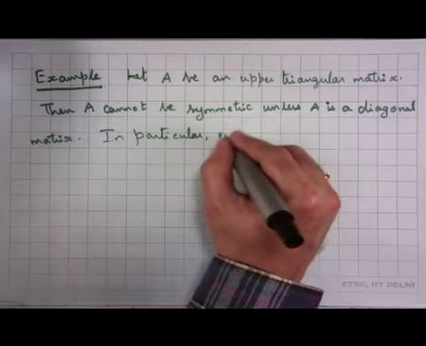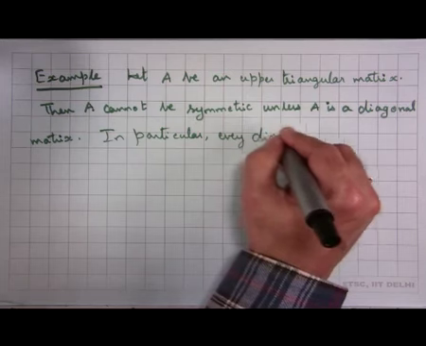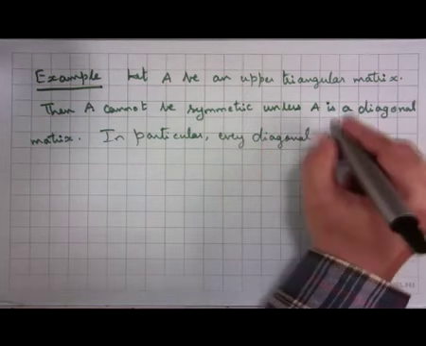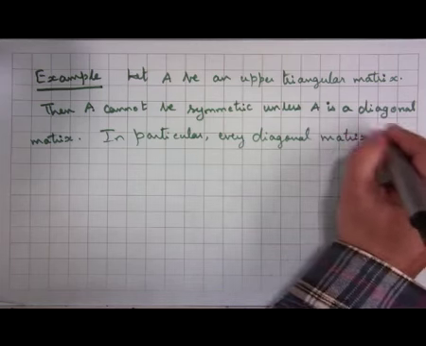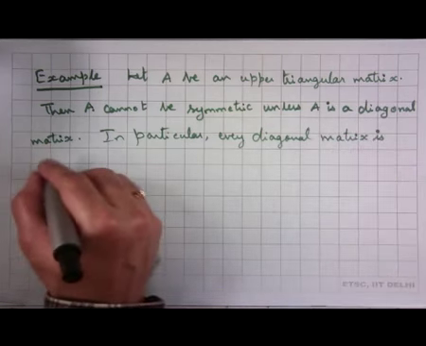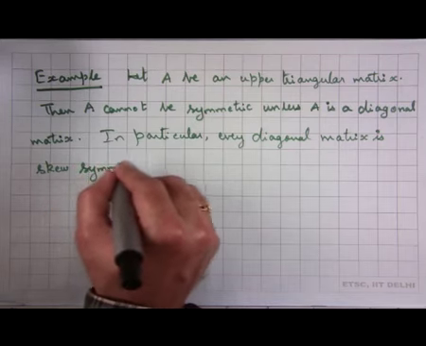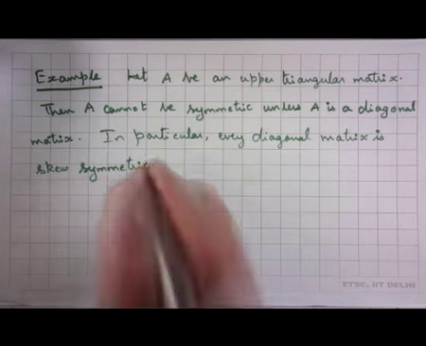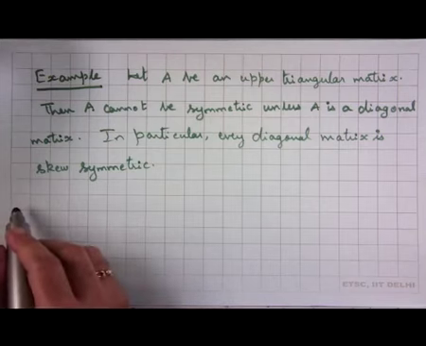So, in particular, every diagonal matrix is symmetric. Now, let us do some more properties.